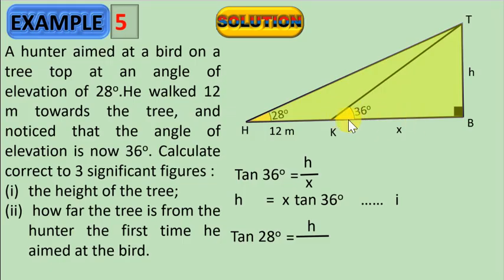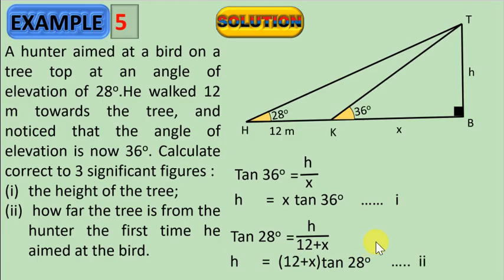Then plus from here to here, which is x. That's the whole distance, HB. So HB is 12 plus x. Then make h the subject of the formula. So we are going to have h will be equal to 12 plus x multiplied by tan 28 degrees. So we are going to move to the next slide to finish solving the problem.